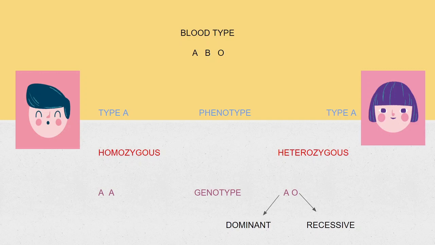So in this case, since A is dominant over O, which is recessive, A will win and show blood type A. Since she has two different alleles, she is called heterozygous. Hetero means different, and zygous is the same thing, the DNA mixture that you got from your parents.